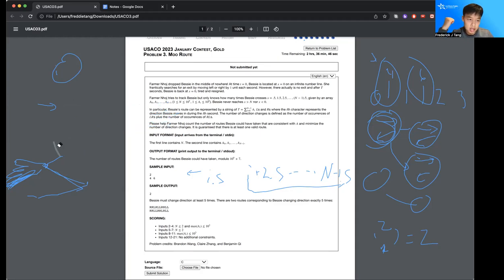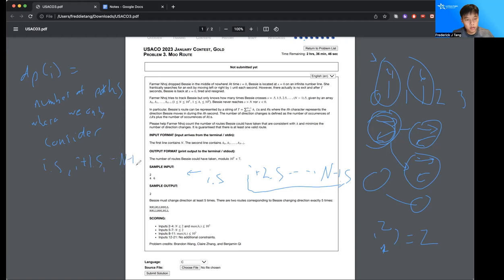Let DPI be equal to the number of paths where we only consider I.5, I plus 1.5 all the way through n minus 1.5. We only consider these borders. We don't care anything below it, and we don't care anything above it. And we already wrote out the cases for here, right?